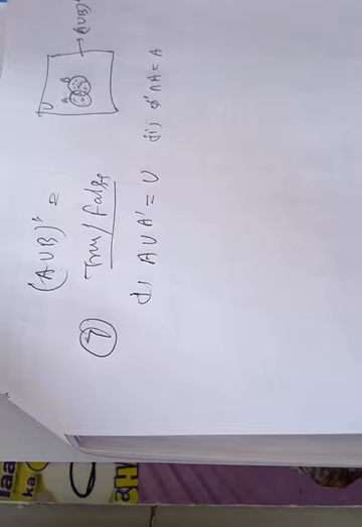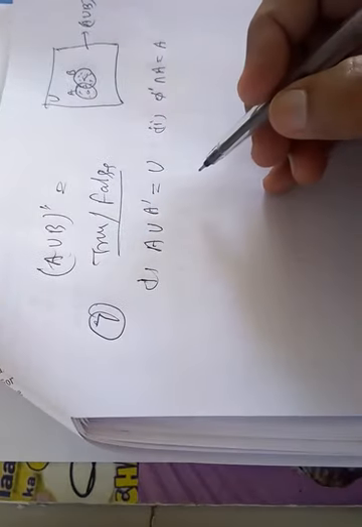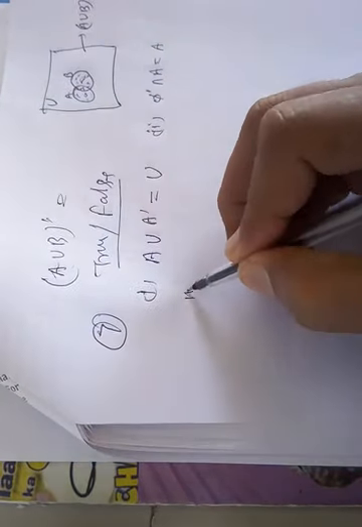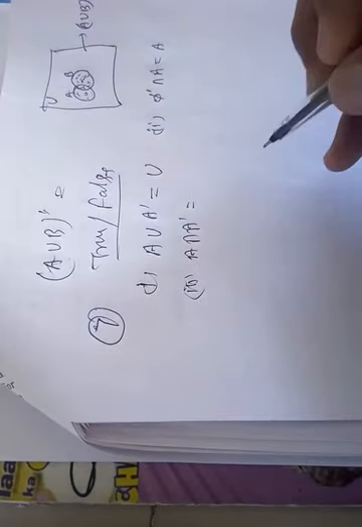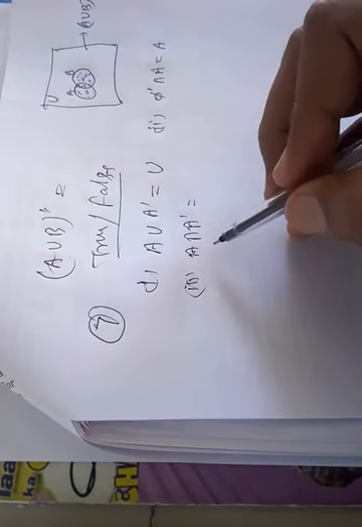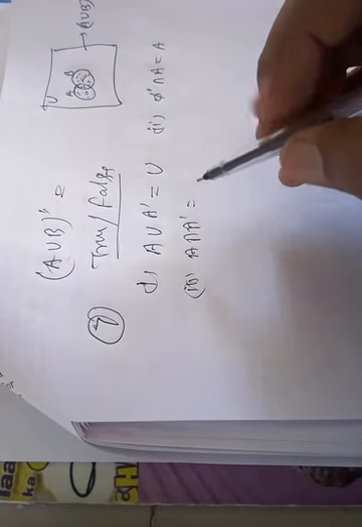Question number 7, that is, union A, right. Another, A intersection A complement, this complement without union, or this A is given, without intersection, that is phi, right.